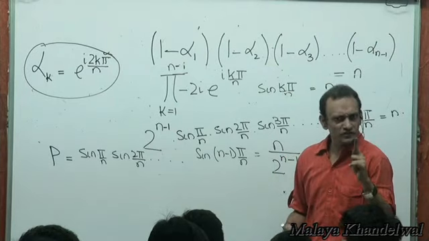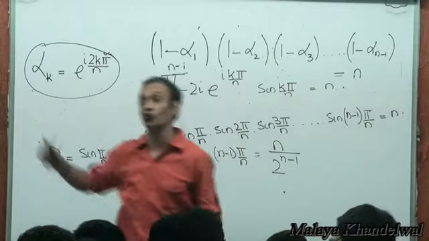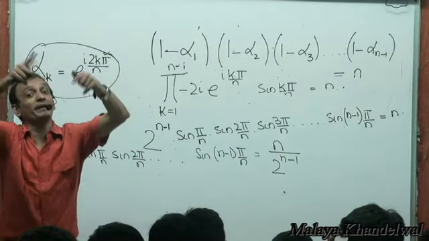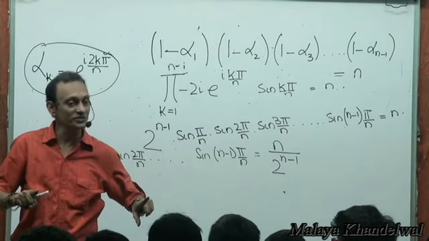See, if it was cos theta into cos 2 theta into cos 2 square theta into cos 2 cube theta and so on, then multiplying numerator and denominator with sin theta will work. But if it was product of sines, then that's not going to work.